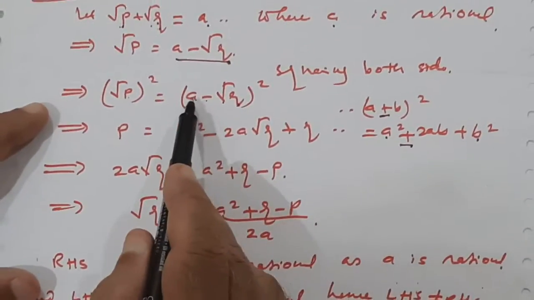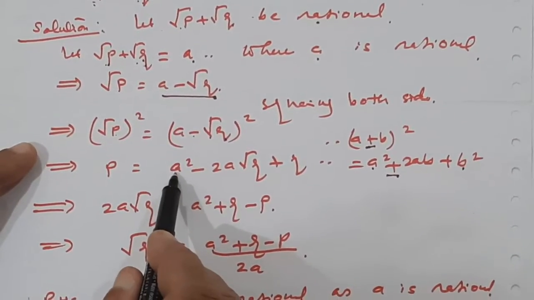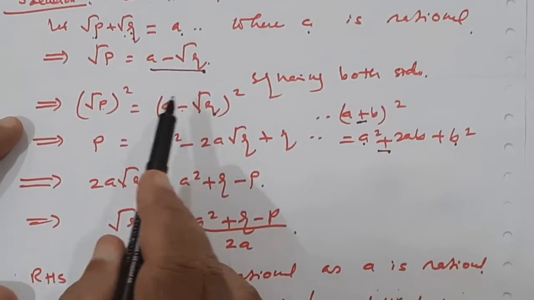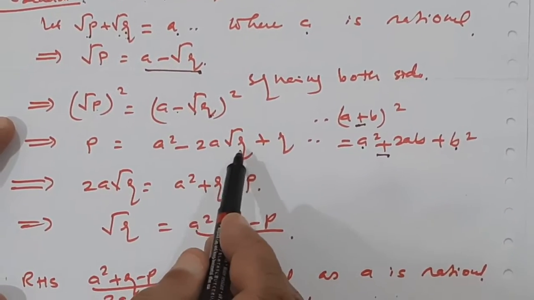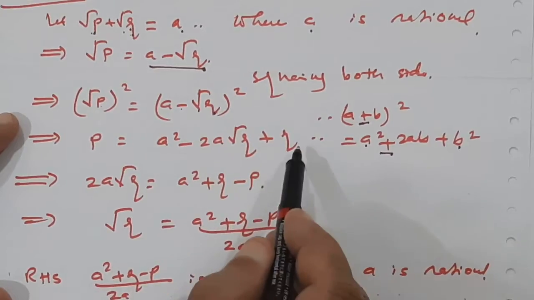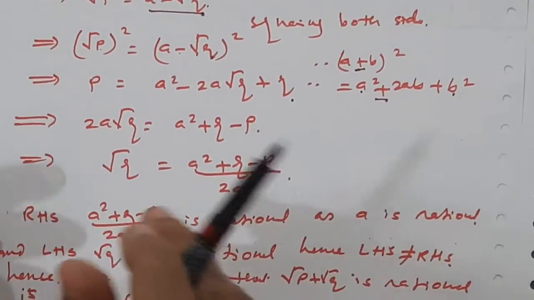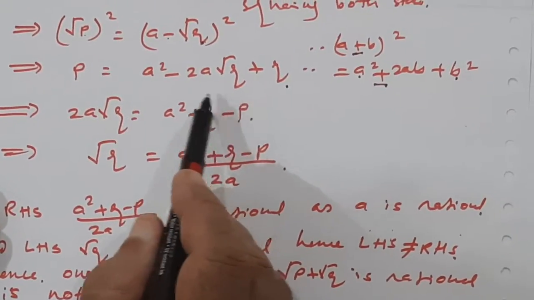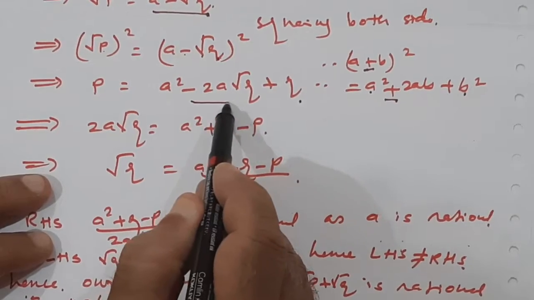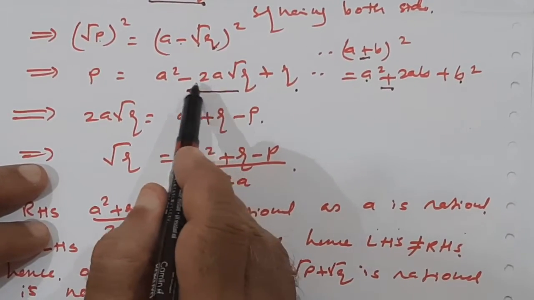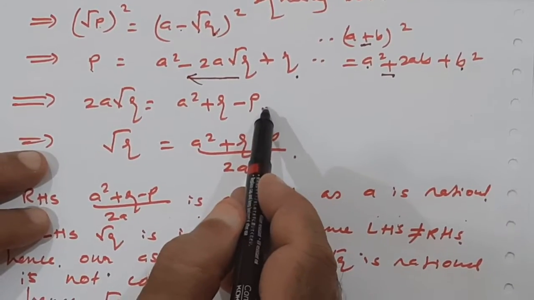So we have squared it. And how to do? Square of root p is p, square of a is a square, minus 2 into first term into second term. So first term is a, second term is root q, and square of root q is q. Now I have arranged the terms so that I can get the rational one side, irrational other side. I have taken this entire minus 2a root q to the left hand side and p I have taken to the right hand side.